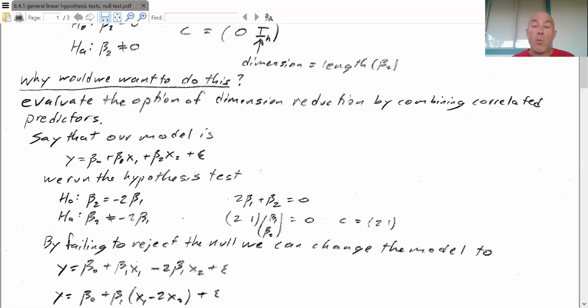Now why would we want to do this? Let's say that when I look at x1 by itself and x2 by itself, they're really not giving me that much correlation, and I might be better off putting them together to get a more reliable model. Usually we would be doing something like taking the average of the two. That's distinctly possible, and that would work out nicely.